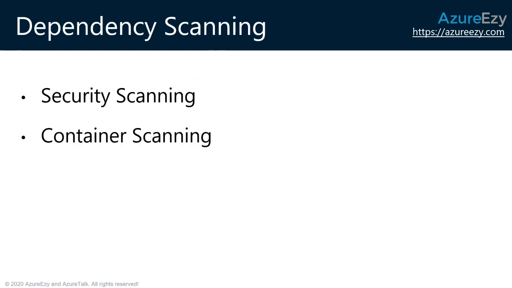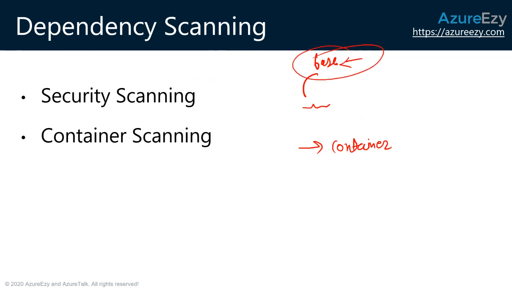Next is container scanning. Nowadays containerization is coming into a lot of software development practices, and during containerization, you take a base image, and on top of it you add certain things and create a container. Now think of it, if your base image itself has some issues.